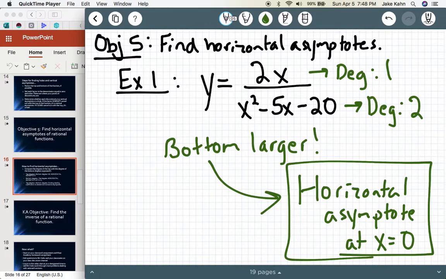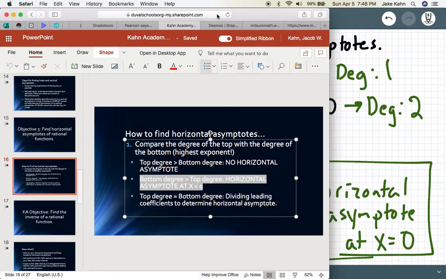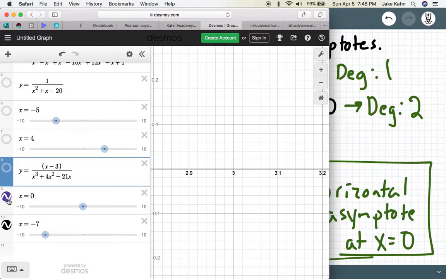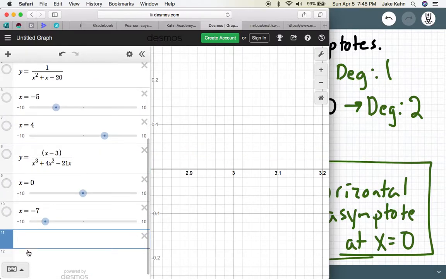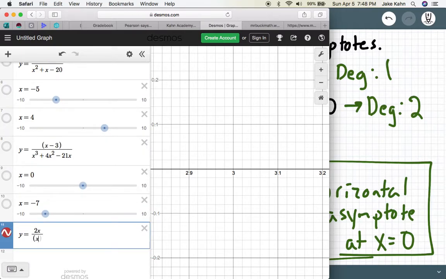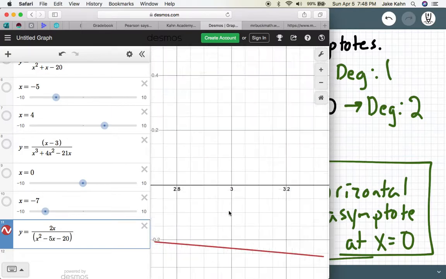I changed my mind. I do want to show you one example of what this horizontal asymptote looks like. So I'm going to go back here to Desmos and type this in: y equals 2x divided by x squared minus 5x minus 20. The function is in red. I have to zoom out here.